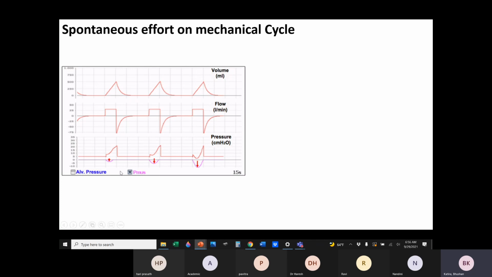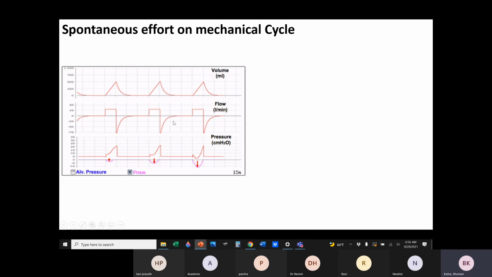See the P muscle, as the P muscle keeps increasing, this is volume control, as you can see from the square waveform of the flow, and because it's a volume control, the tidal volume is constant. This is the same breath cycle.